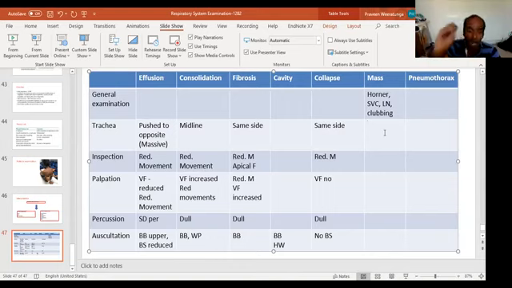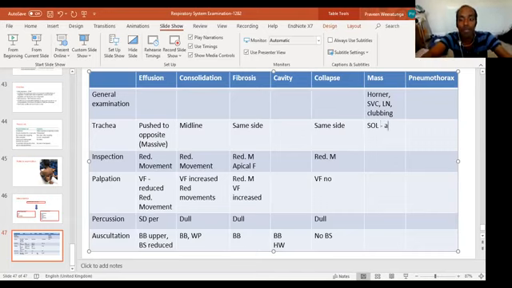So remember that a lung mass can present with collapse, like a consolidation, with effusion, or purely as a solid space occupying mass, which pushes the trachea away. But it can present like anything, so it's very difficult to diagnose, and it is best diagnosed from the general examination.